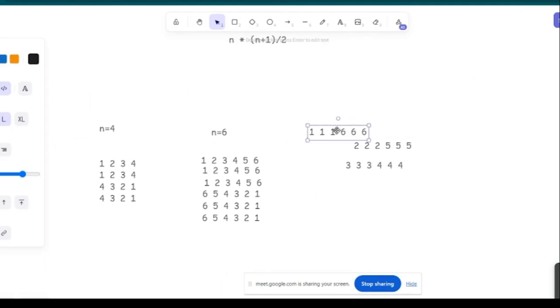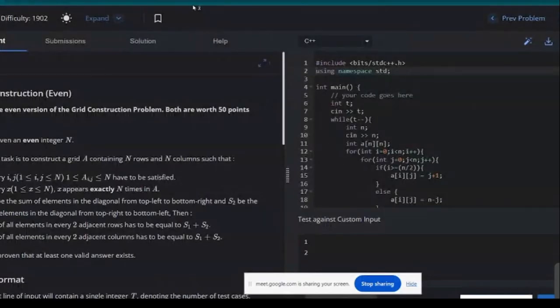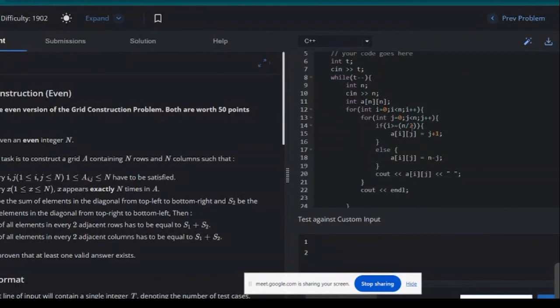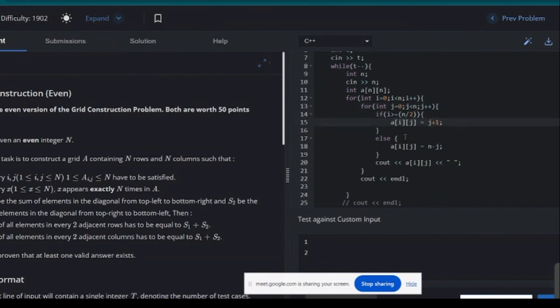And I am printing this as columns: 1 1 1 6 6 6, then 2 2 2 5 5 5, 3 3 3 4 4 4, and the same in reverse order. So the approach here is to print 1 to n numbers n by 2 times, with one-based indexing, so I am printing j plus 1, and the remaining n by 2 times n to 1 numbers, that is n minus j, we can say.